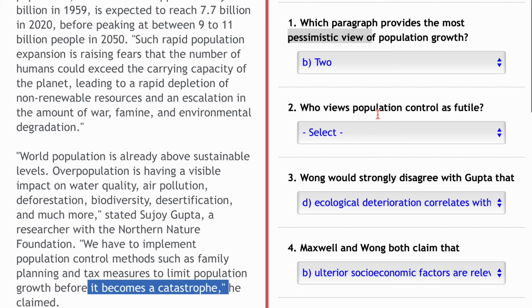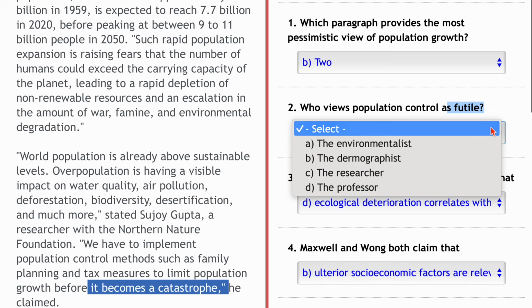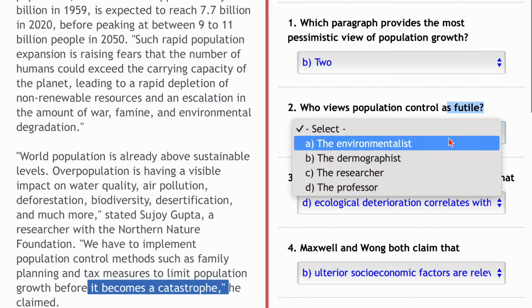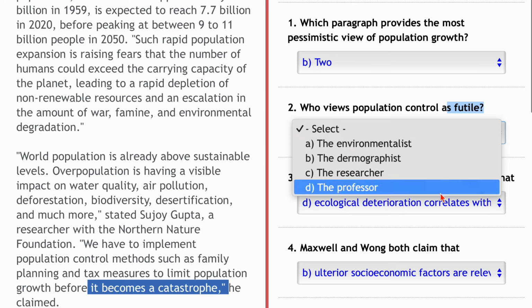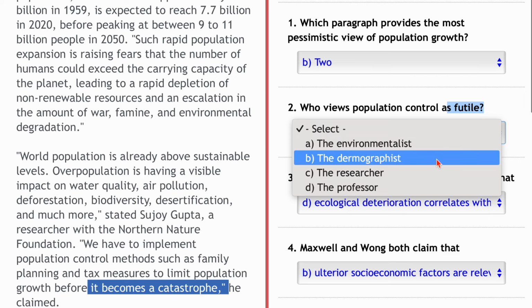Who views population control as futile or ineffective? No reason to do it. The environmentalist, the demographist, the researcher, the professor. So I hope that you were able to catch that it's not the demographist, right?